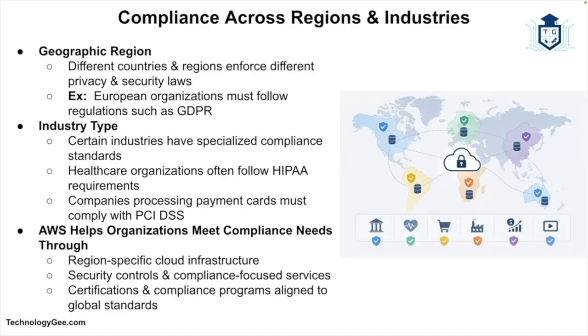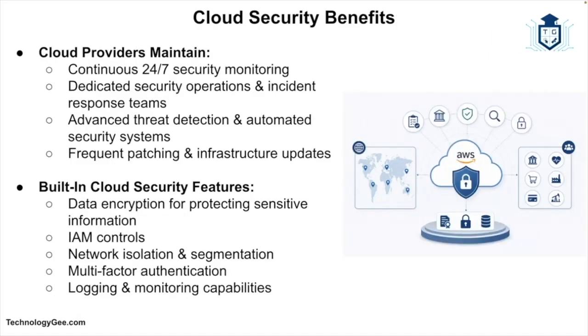So for example, if you need to meet European data protection laws, you might store data in the EU region. However, if you're handling credit card data, then you'll need PCI DSS compliance services. And this is where AWS shines because its global infrastructure allows you to architect solutions that meet very specific compliance requirements.